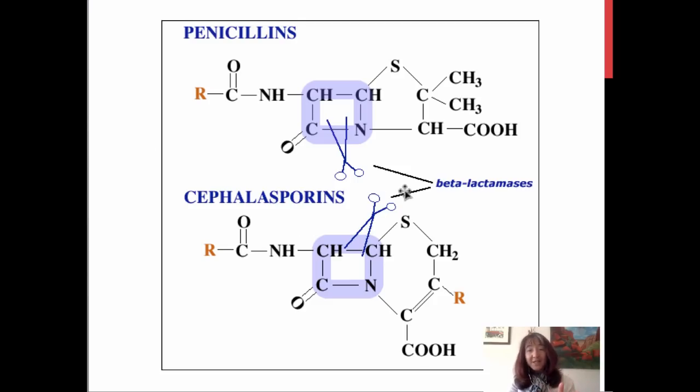And bear in mind, I'm just doing this cartoon style, that act like scissors that cleave the beta-lactam ring. We know that, in fact, there's a lot of chemistry involved in that. So the beta-lactamases or the penicillinases cleave this 4-membered ring. That is one form of resistance. So many antibiotic-resistant organisms create beta-lactamases.